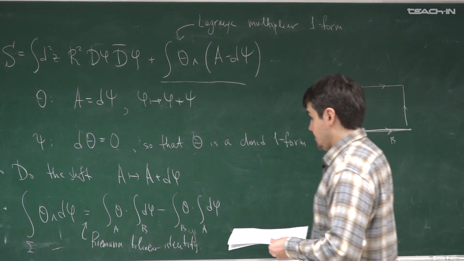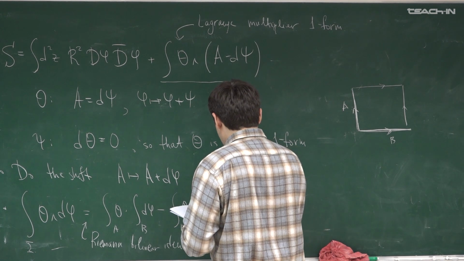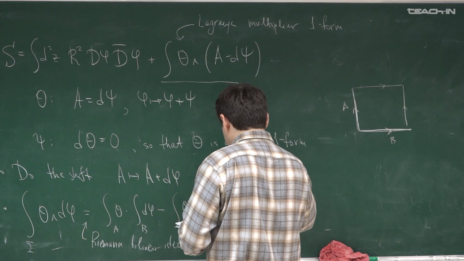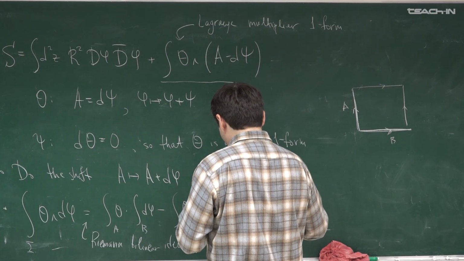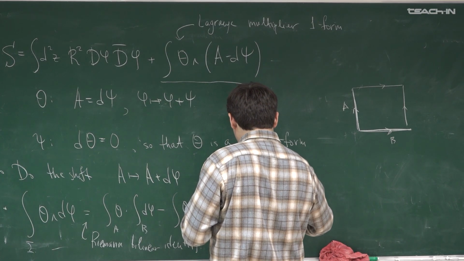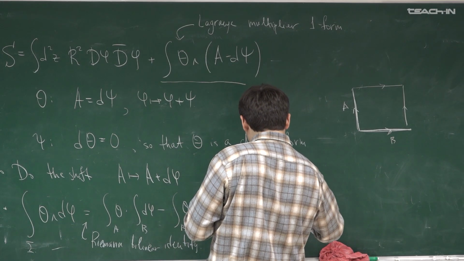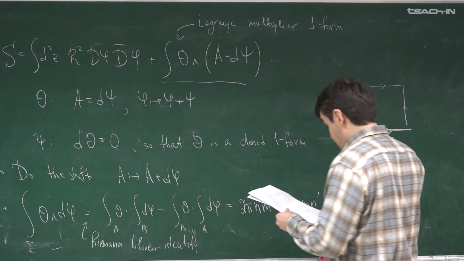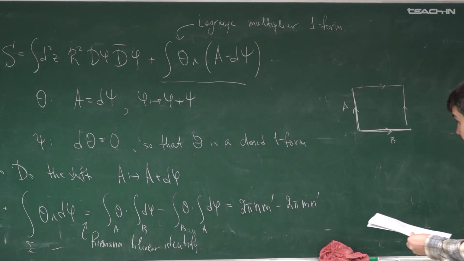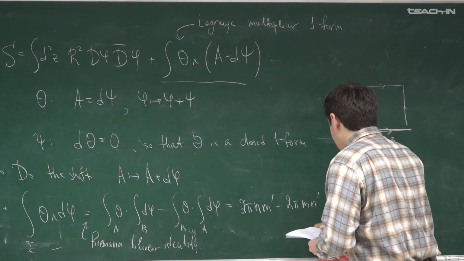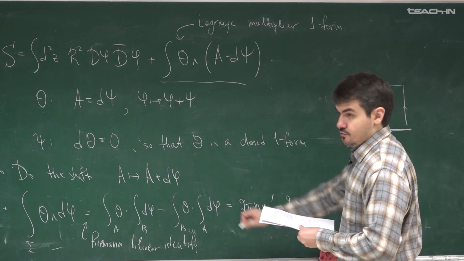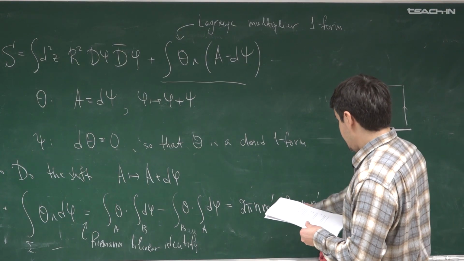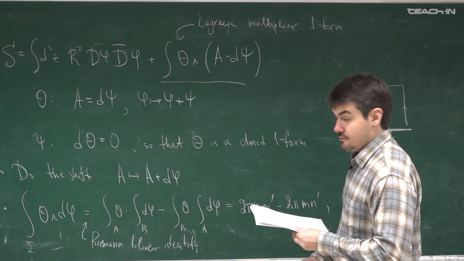And now this can be written as 2 pi nm prime minus 2 pi mn prime, where n and m are the windings of phi around the two cycles, and m prime and n prime are the windings of theta.